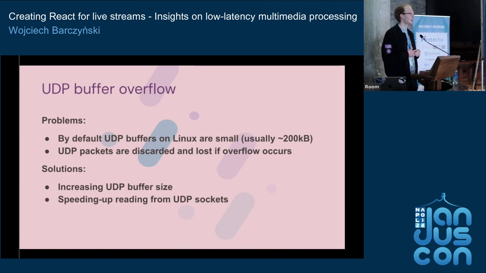But since this required a lot of privileges over the operating system, we couldn't base our solution on that, because we don't know if the user has given those privileges to LiveCompositor. So we sped up reading from the UDP sockets by having separate threads that only read the data from the UDP socket and send it for later processing.